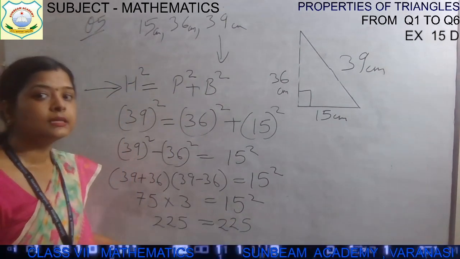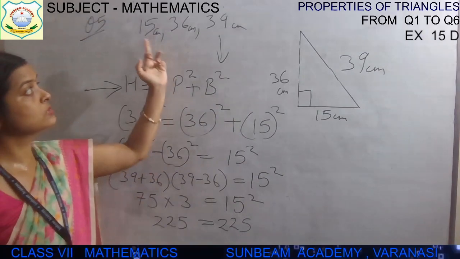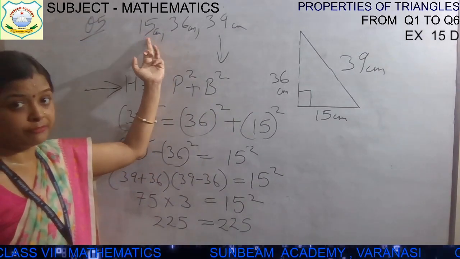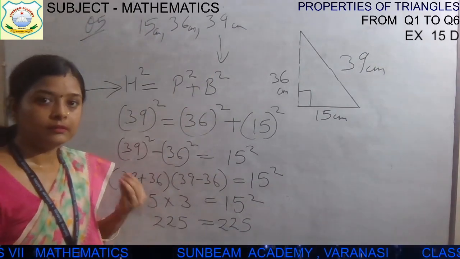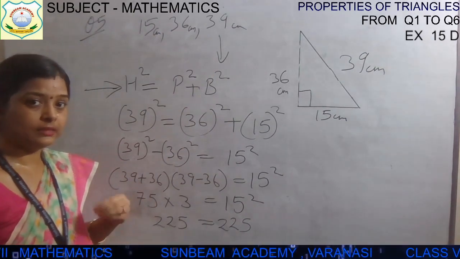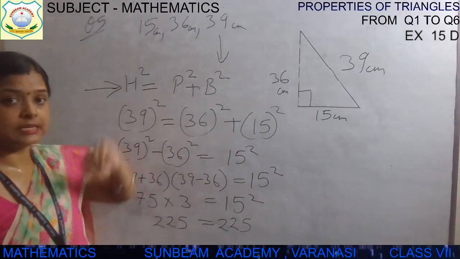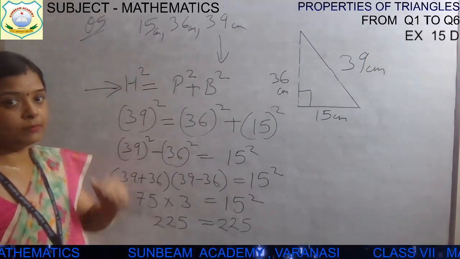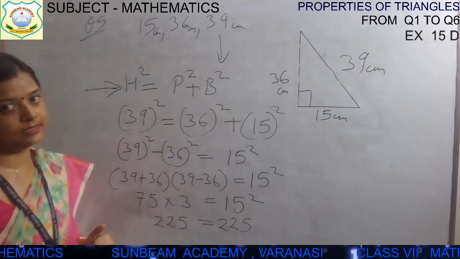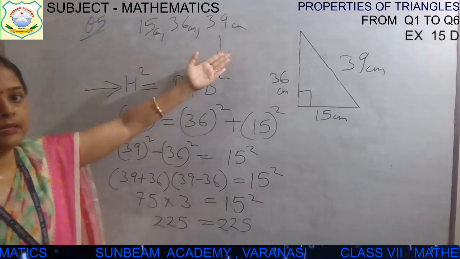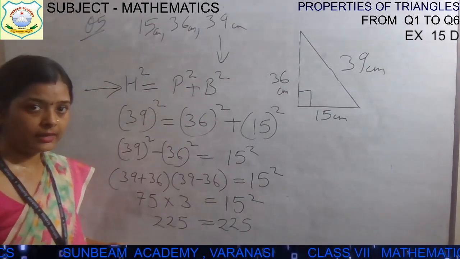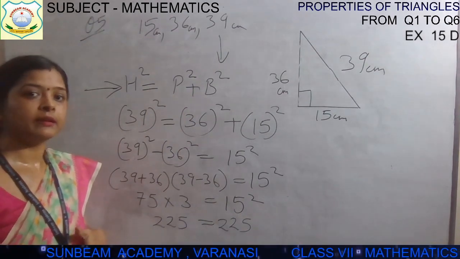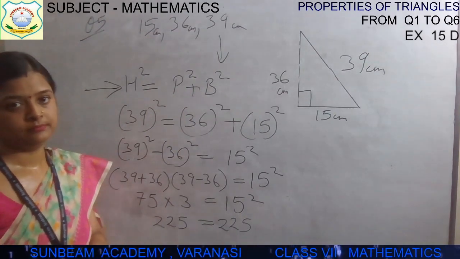It means this particular triangle whose lengths are 15, 36 and 39 centimeter, if these lengths satisfy our Pythagoras theorem, it means it is a right angle triangle. ये जो लेंथ दी गई है ये हमारी पाइथागोरस थ्योरम को सेटिस्फाई कर रहा है, इसलिए ये एक राइट एंगल ट्रायंगल है. ठीक है.